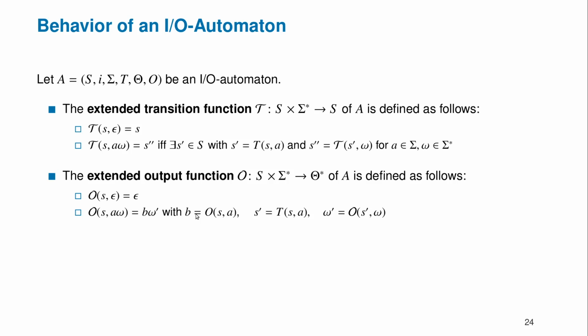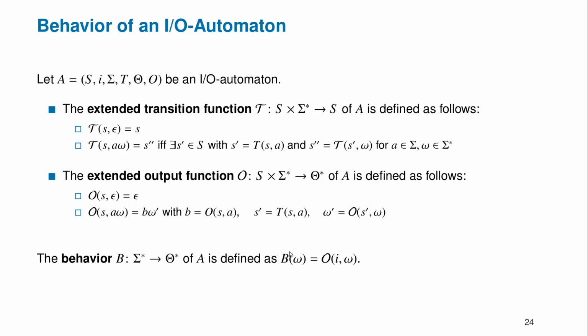Okay, and if I have now this extended transition function and this extended output function, the behavior B of an I/O automaton is a function that maps a word over the input alphabet to a word over the output alphabet as follows.